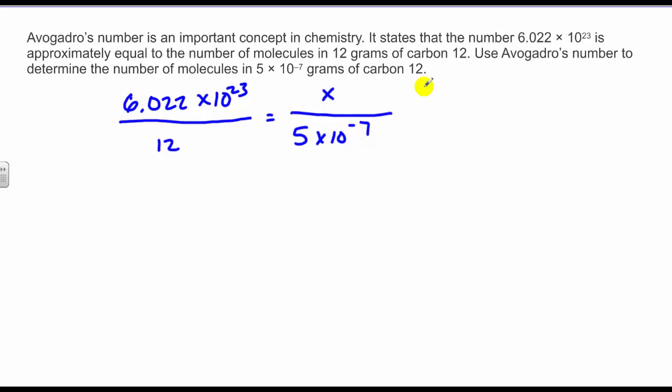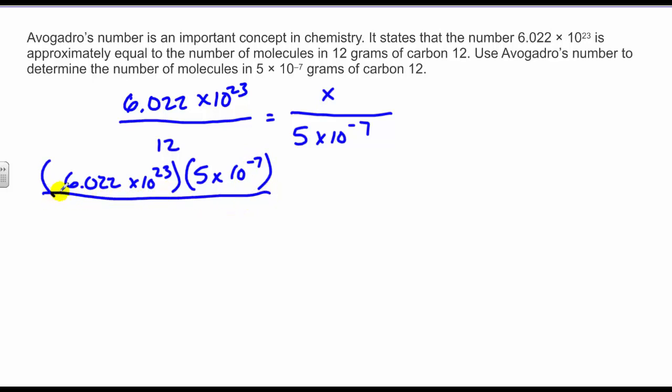Just a proportion. So do my multiplication and I get 6.02 times 10 to the 23rd, multiply that by 5 times 10 to the negative 7th. Divide all that by 12, and that's going to equal x.